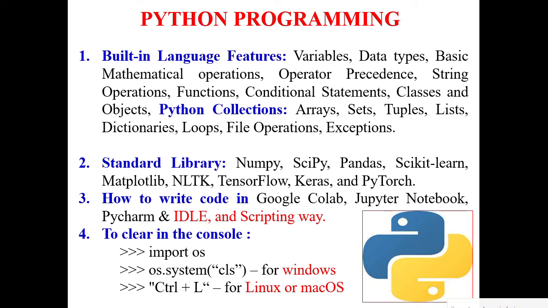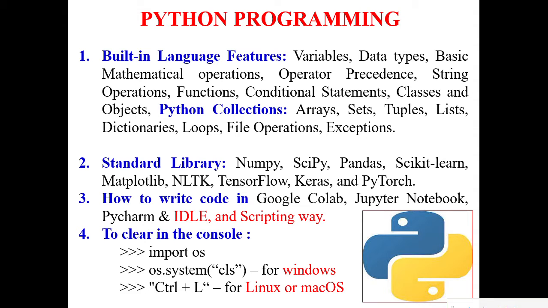Library means everything is available in that package. All built-in functions are available in that package, and you can use them directly. Then Keras is a library to solve machine learning and deep learning applications.